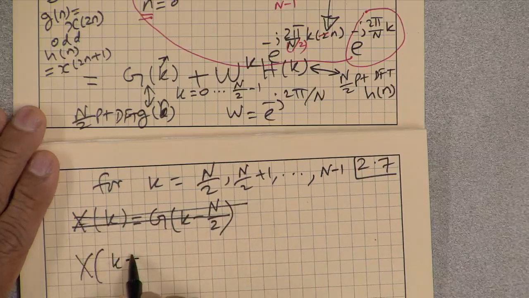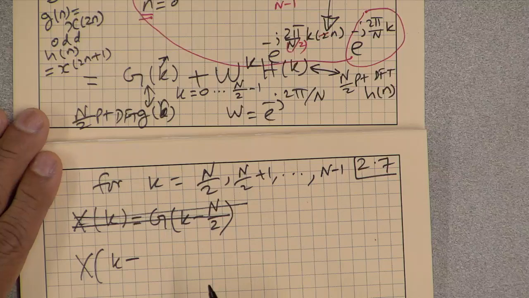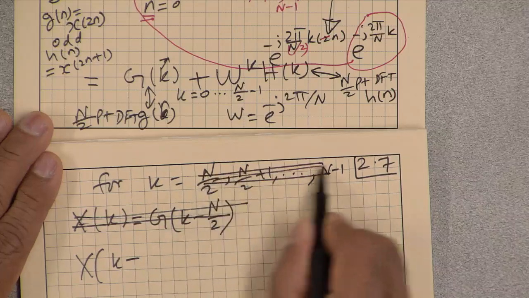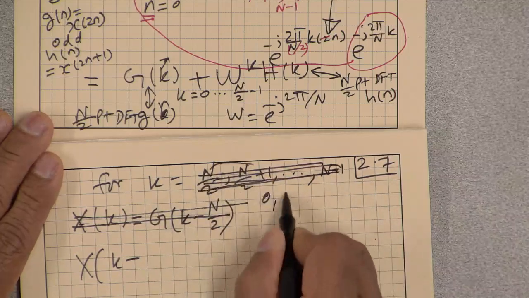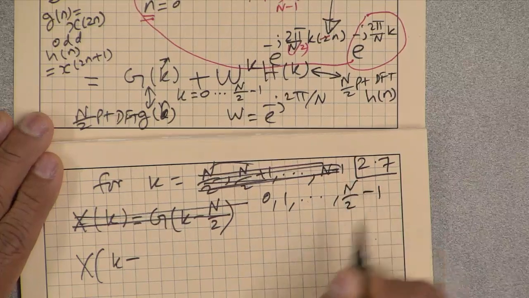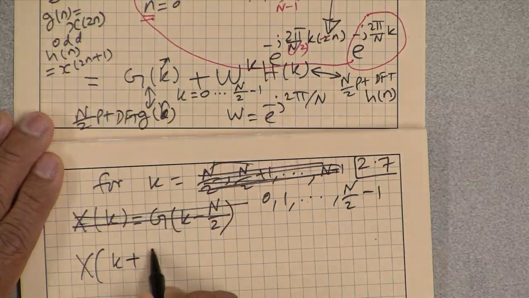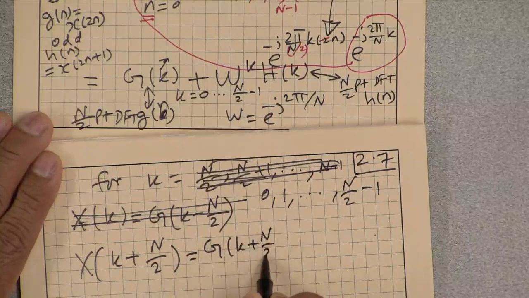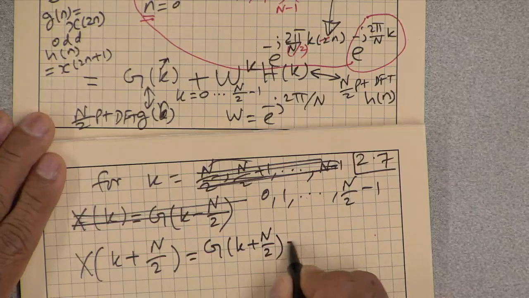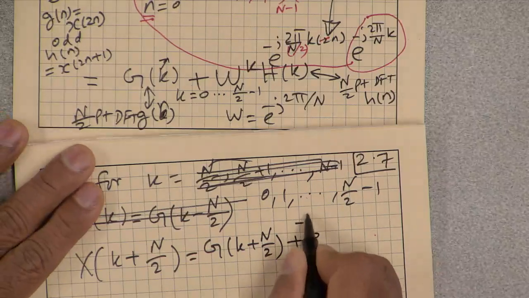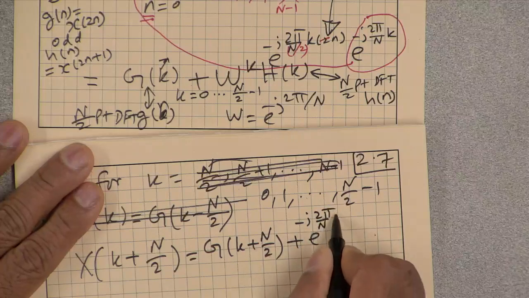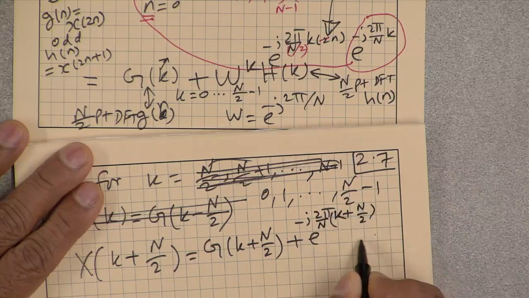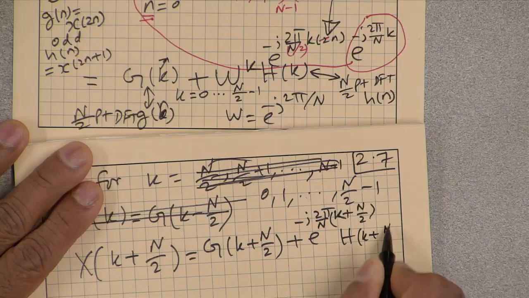So I could write it as x, okay, so then I have to keep it as 0 to n by 2 minus 1. Well, okay, let's still do that. So k equal to 0, 1, up to n by 2 minus 1, x of k plus n by 2 is going to be g of k plus n by 2 plus e to the power minus j 2 pi over n k, where k is now replaced by k plus n by 2, h of k plus n by 2.